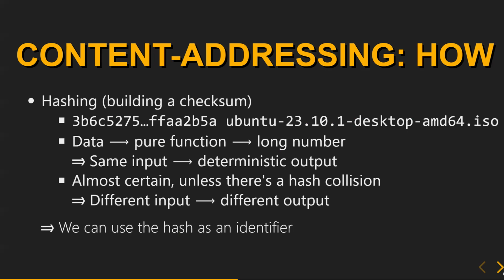And now this is the part where it gets interesting. Almost certainly, unless there's a hash collision, which you usually try to prevent. If you hear about hash collisions, it's really a big problem, so you don't want to have those. But almost certainly, if you put in something else, you also get a different long number out. And I say almost certain because that's kind of the catch.